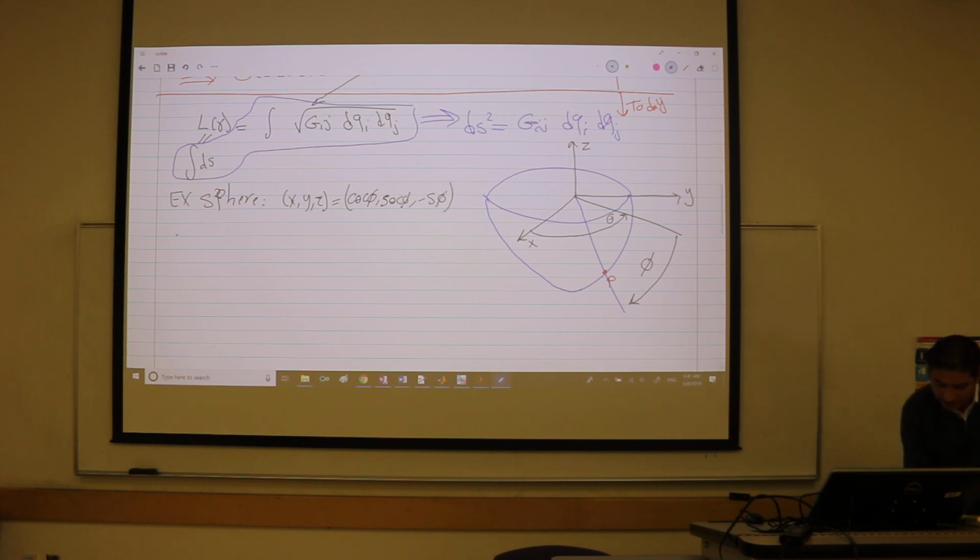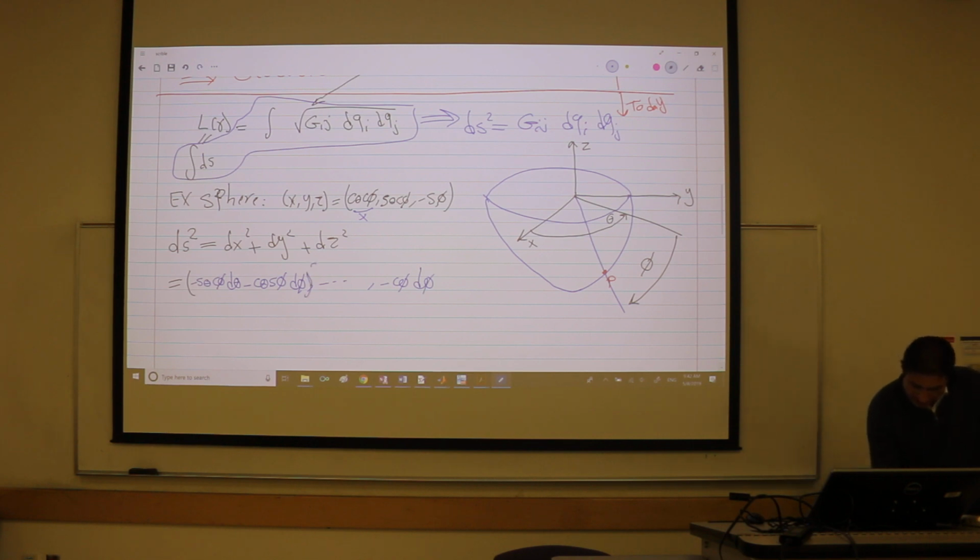And then I write my element length in the ambient space. This is already known because I'm in a Euclidean space. It's dx squared plus dy squared plus dz squared. This is easy because I can write dx from here. This is x, so dx is negative sine theta cosine phi d theta, and negative cosine theta sine phi d phi, and so on. This one, for example, is negative cosine phi d phi, right?